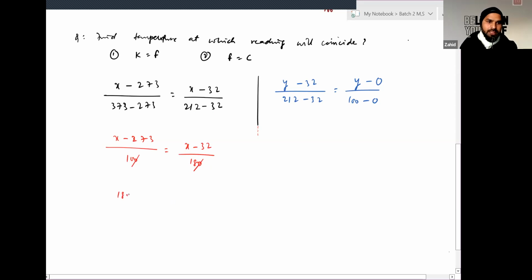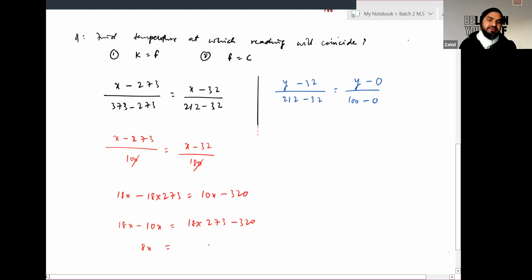So you'll get 18x minus 18 into 273 equals 10x minus 320. Now move variable to one side and constant to one side. So it will be 18x minus 10x equals 18 into 273 minus 320. So 18 minus 10, it will be 8x.